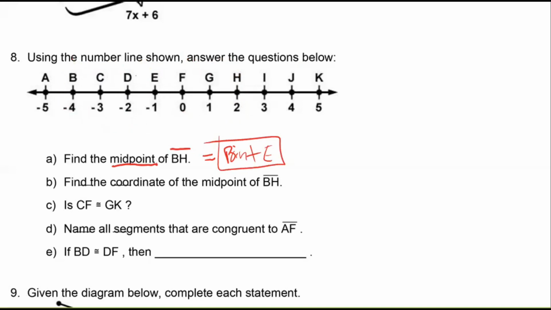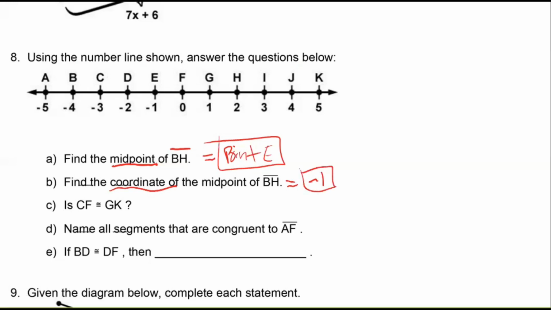But let's keep on doing some more. Find the coordinate of the midpoint of segment BH. The word here, coordinate, is going to be the number. So just think about the number. If we know that it's point E, then my coordinate is just -1.